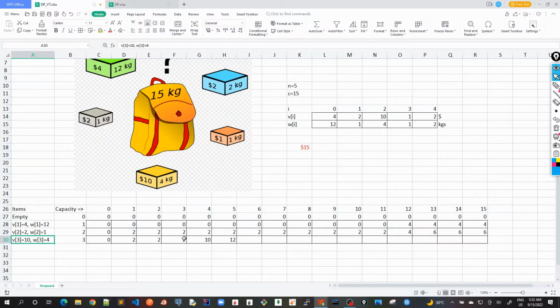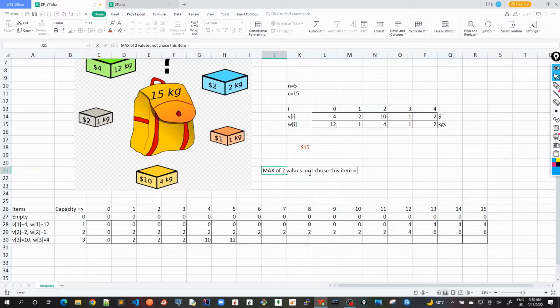If we don't choose this item, the value is 2. So we have to essentially take the max of two possible values: if I choose this item or not choose this item. If I don't choose this item, that is the first condition. Max of two values, right? So first of all, let's not choose this item.